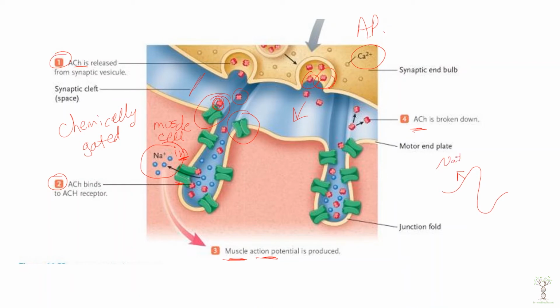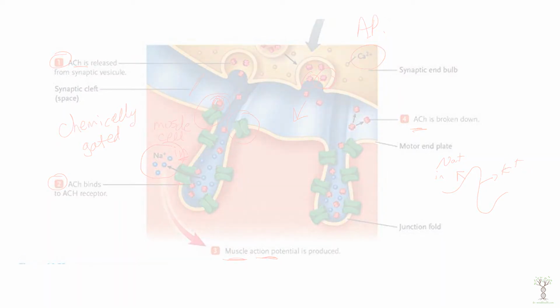Sodium is going to move in for the depolarization phase, and potassium is going to move out for the repolarization phase. The action potential, how the mechanism works across the membrane, is exactly the same in the neuron as it is in the muscle cell. So muscle cells are excitable like neurons. The sodium moves in and it depolarizes the membrane.